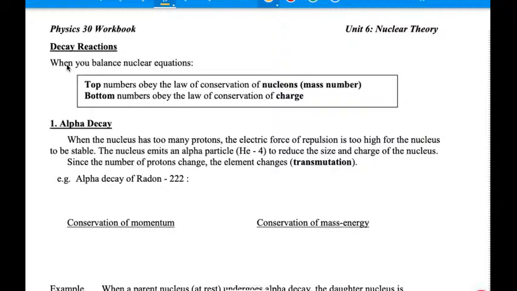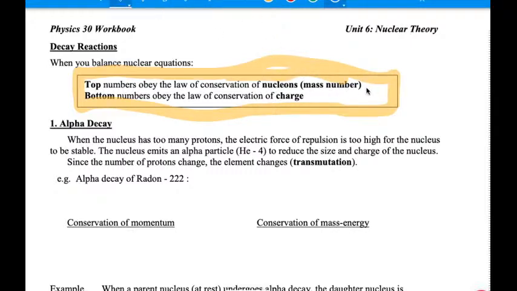When we're balancing our nuclear equations, we get to keep in mind that the top numbers, the number of nucleons, protons plus neutrons, needs to obey the law of conservation of nucleons, which, if we look on our formula sheet, is our 8th principle of physics.